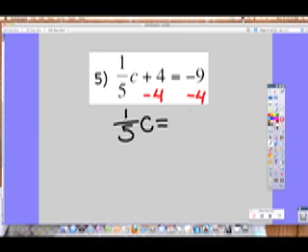Grab your calculators. Make sure you type in -13. So do -13 divided by 1/5. I don't know if it comes out right. Probably even a whole number.